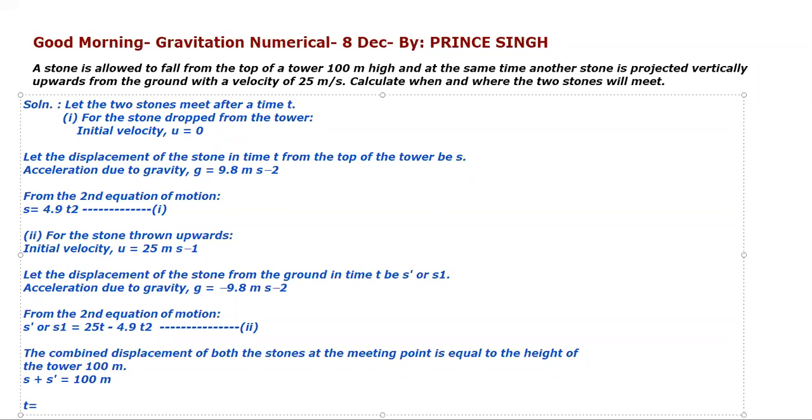Because it is given top of the tower. Read the question, Harith. The stone is allowed to fall from the top of a tower 100 meter high. Okay. So the total displacement, the addition of s and s dash, will be 100 meter.